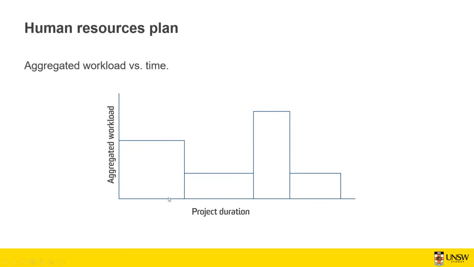So this is a fluctuating workload versus the project duration. Most of all, as a project manager, you want to level it off. Make sure that your workload is smoothly at the same level during the project.